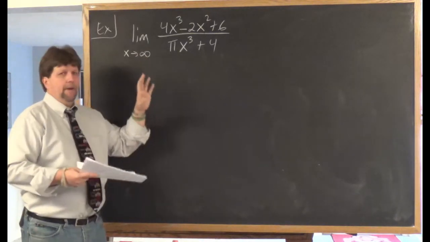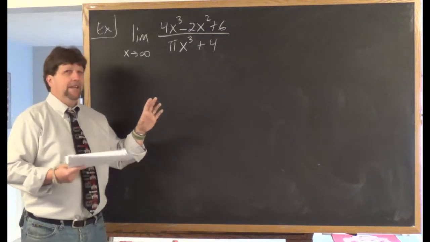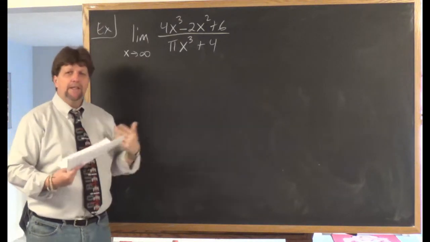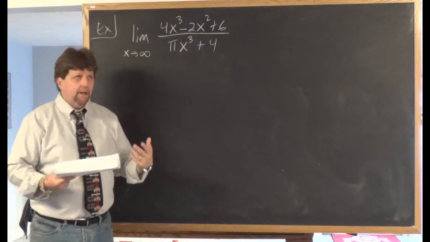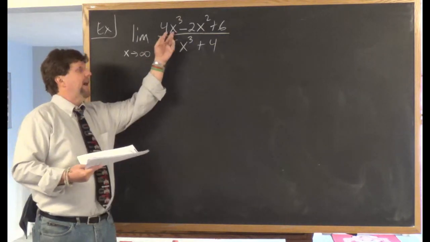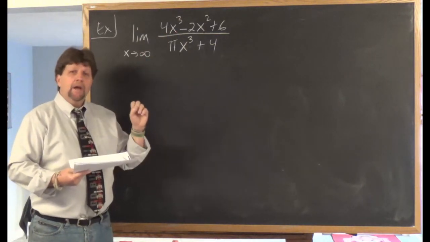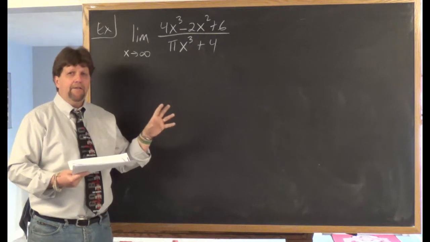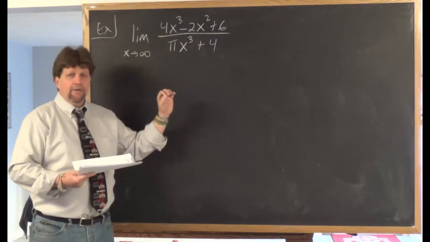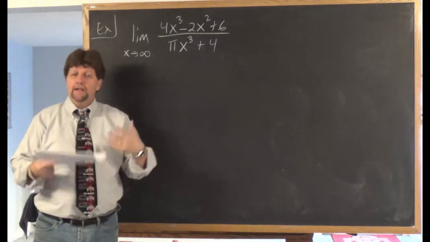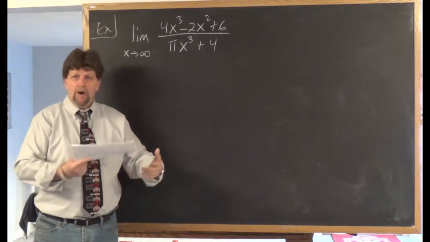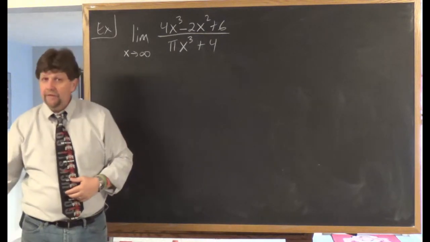Notice if you think about substituting here, you really can't, because infinity is not a number, it's a concept. But you're putting extremely large values in for x. The form you're going to have here is infinity over infinity. That is a candidate to go off to the hospital.